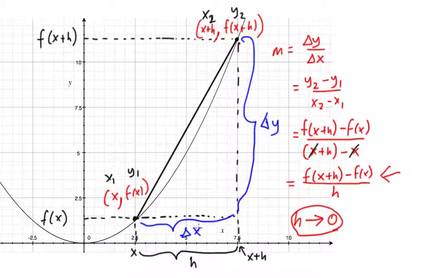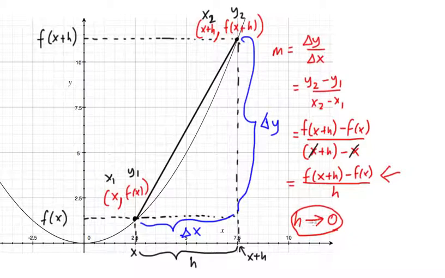Now, in order to calculate the slope, we realized that the closer you choose two points together, the more likely you are to find the slope at the very point that you want, which means your h value, the distance between your two points, is narrowed.